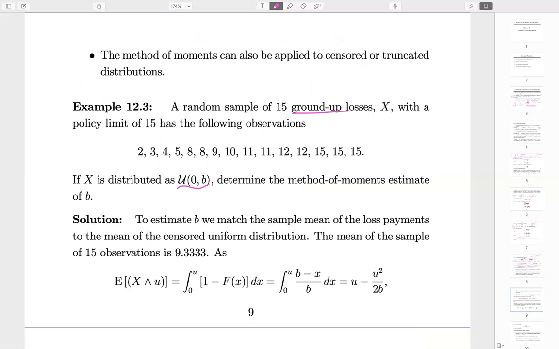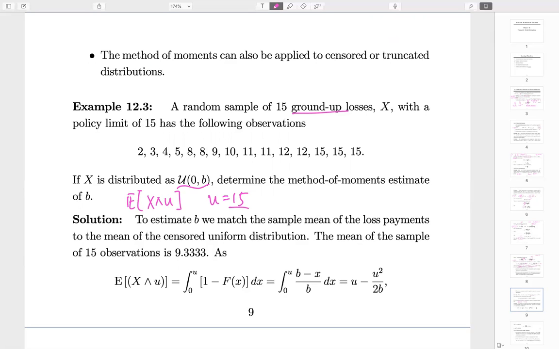The original distribution is a uniform between 0 and B. So now we are trying to match the... it's like we apply a policy limit, right? And we know the policy limit is 15, right?